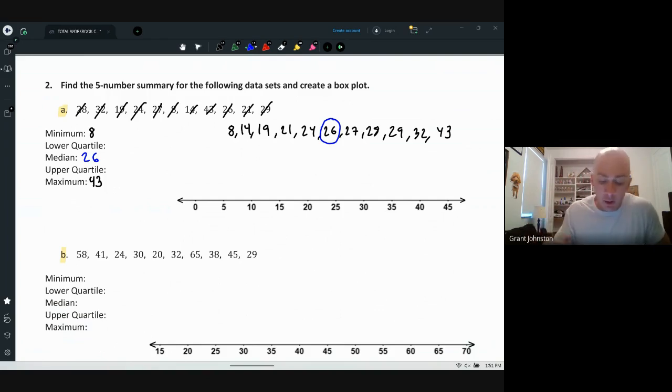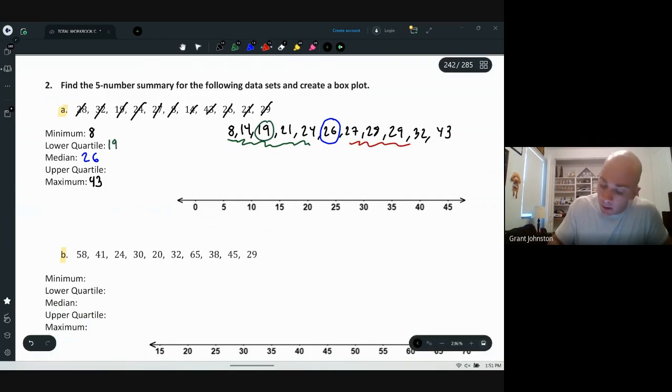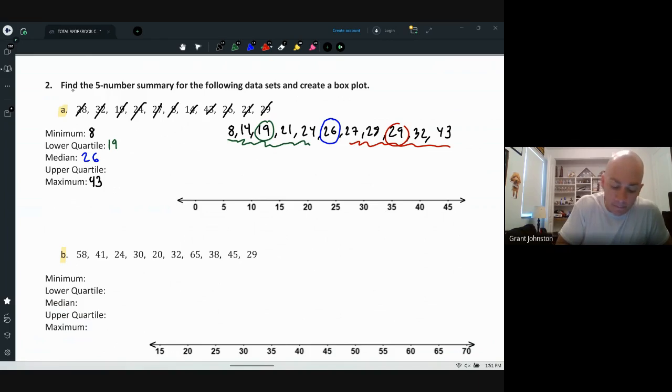Okay, so then the lower quartile is the median of the lower half. So I don't use 26, okay? Keep that in mind. I don't use 26. That's my median. So now I'm just looking at what I underlined in green. I'm going to try to find the median of the lower half. That would be 19. And then the upper quartile is the median of the upper half, which would be 29.